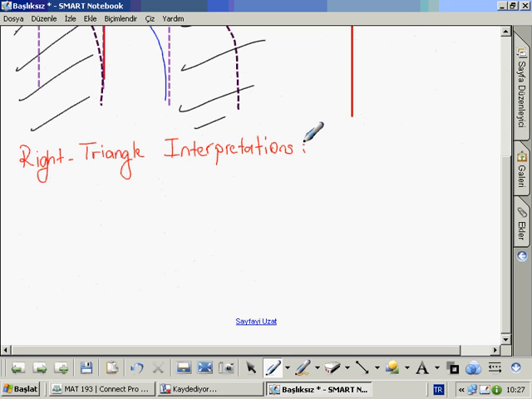Okay, this is our right triangle, and this angle is alpha, and this angle is beta, and this is 90 degrees, of course, and this side is x, and this side is square root of 1 minus x squared, because the hypotenuse is 1. So what can we say about it? Sine alpha equals x, and alpha equals inverse sine x, right?